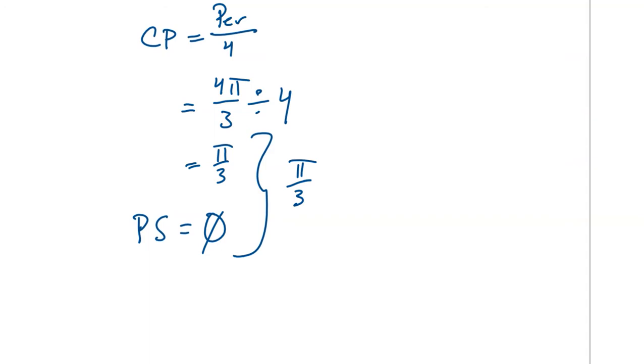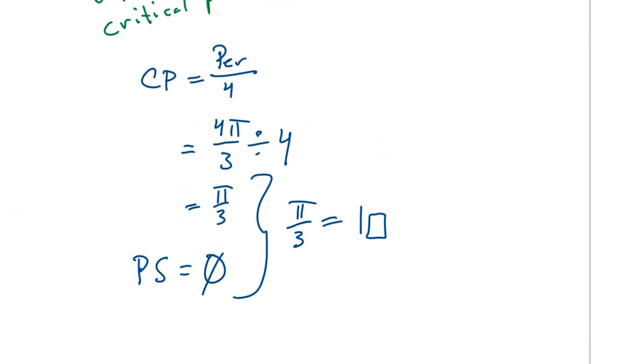And now you decide how many squares you want pi by 3 to be. Don't write this down. If I made pi by 3 equal to 1 square, this would be my graph. Like, that's ridiculous. It might actually be more like this, but come on.